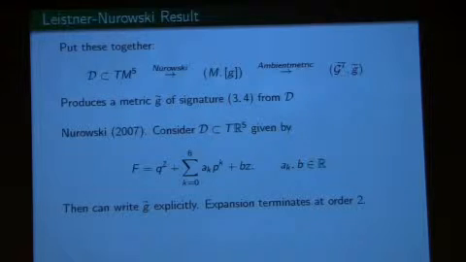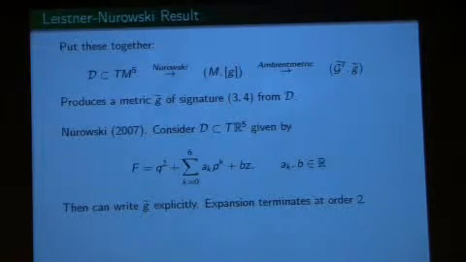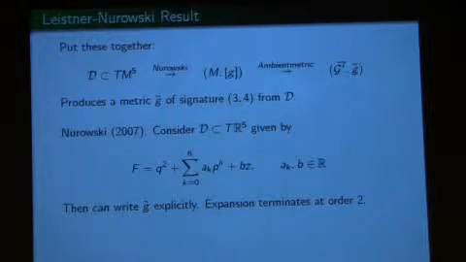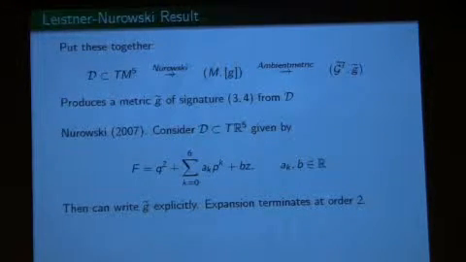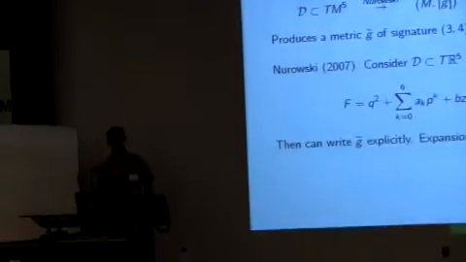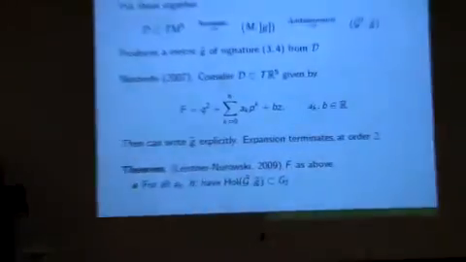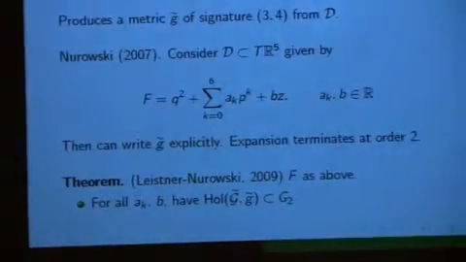Okay? So that means you can write down the ambient metric, you can look at it, you can think about its holonomy and things like that, and there are natural reasons, largely based on the flat case, to think this might be related to G2. So he got Tom Leistner involved in working with him on this, and they proved the following result 2 years ago. You take one of these f's given in this 8-parameter family.